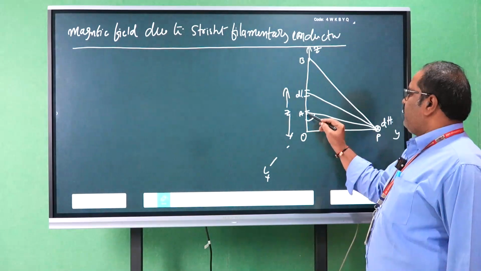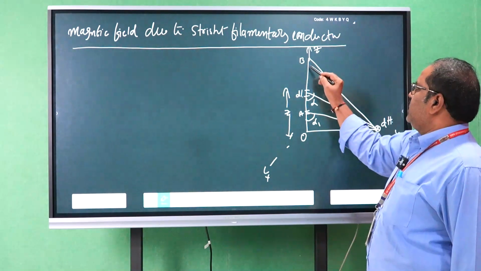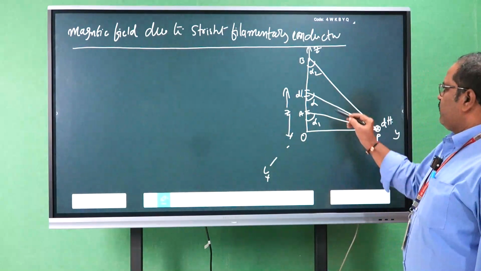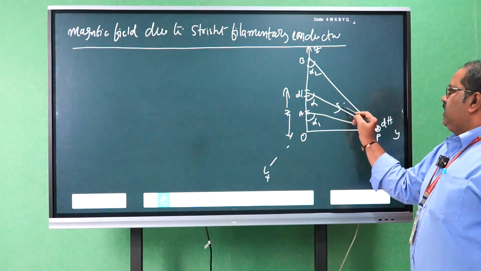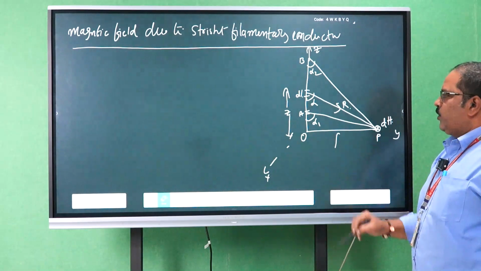The subtended angle of A is alpha 1, and the subtended angle of B is alpha 2. The distance from the differential element to point P is R, and the distance from the origin to point P is rho.